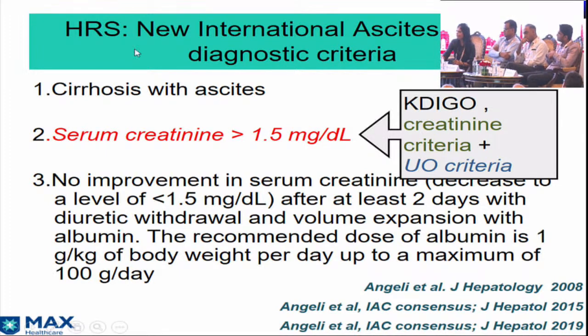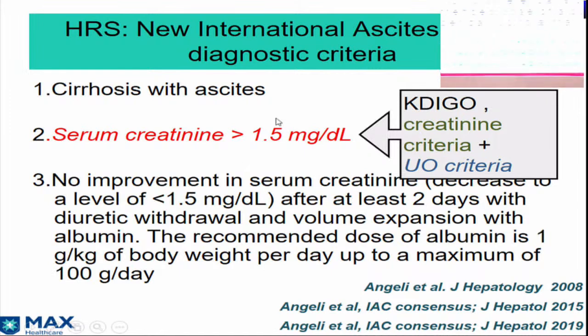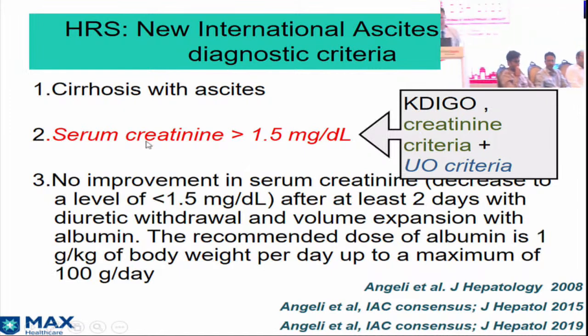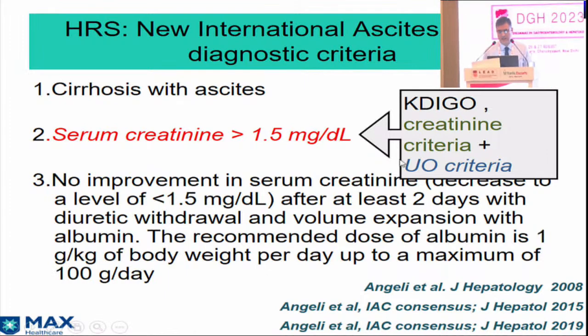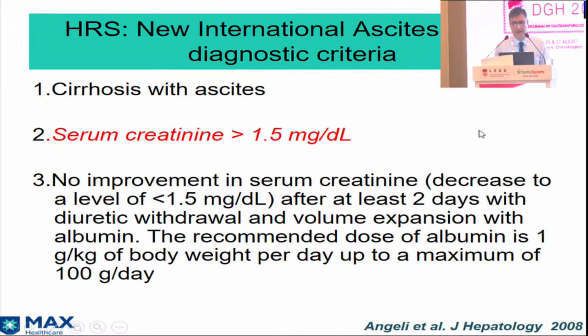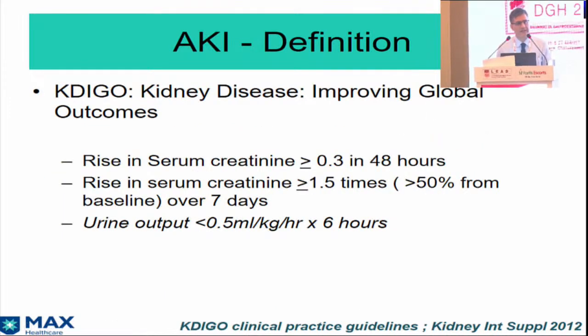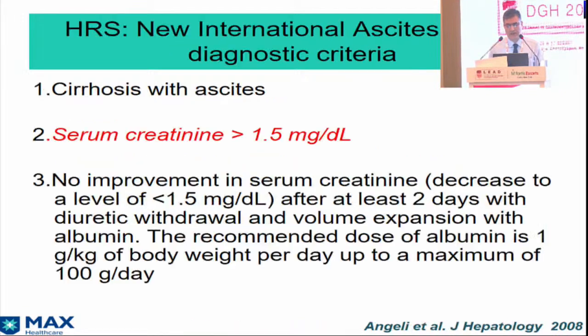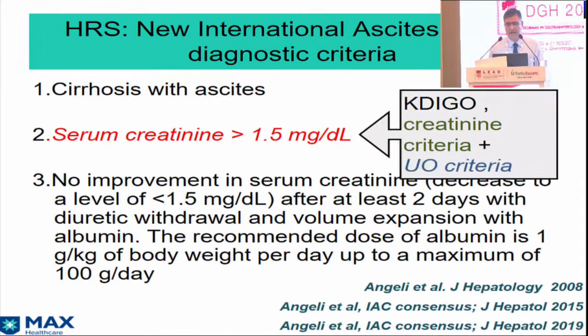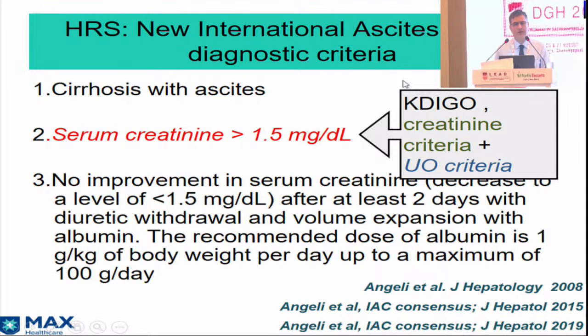Right, so I think the most important point is that from the original definition of serum creatinine more than 1.5, we have moved to the creatinine criteria given by the KDIGO classification, that is a rise in serum creatinine of more than or equal to 0.3, or a rise in creatinine of more than 1.5 times. And now we have also added the urine output criteria from KDIGO, but like Dr. Rakhi said, only in patients who are catheterized.